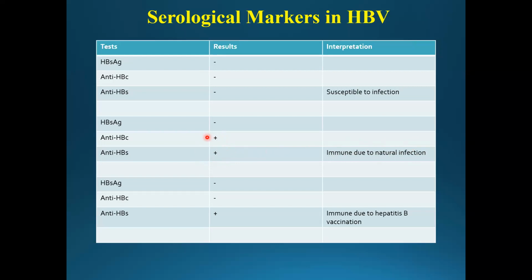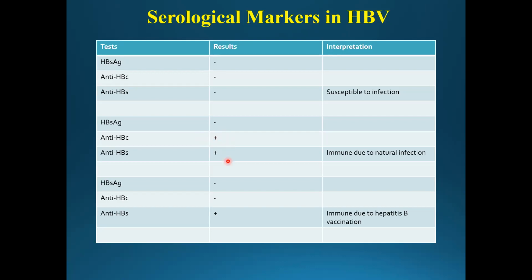In this case, the surface antigen has been lost, which means that the patient is no longer chronically infected. The patient did develop neutralizing antibody, but the stigma, if you will, that this patient was infected with this virus at one point in time is the core antibody.